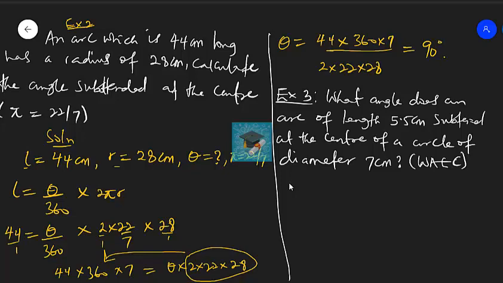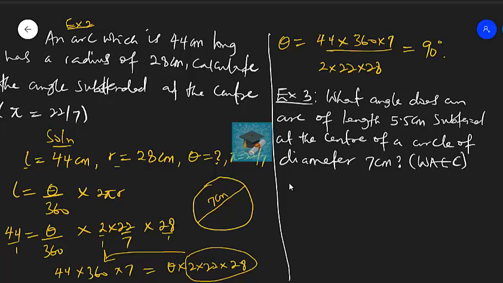Like I said, you might just draw the diagram somewhere. So this is an arc of length 5.5 centimeters at the center of a circle of diameter 7 centimeters. The diameter of a circle is the distance between two points of a circle, the entire internal length of the circle.